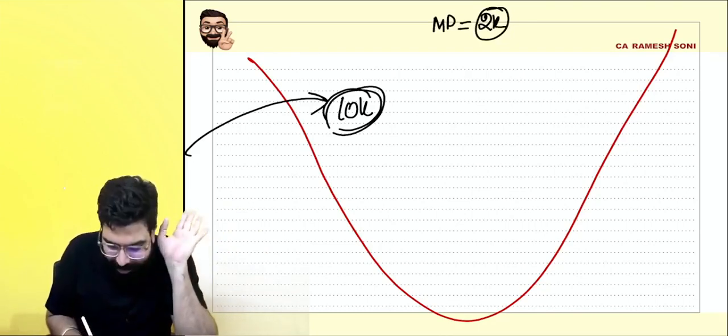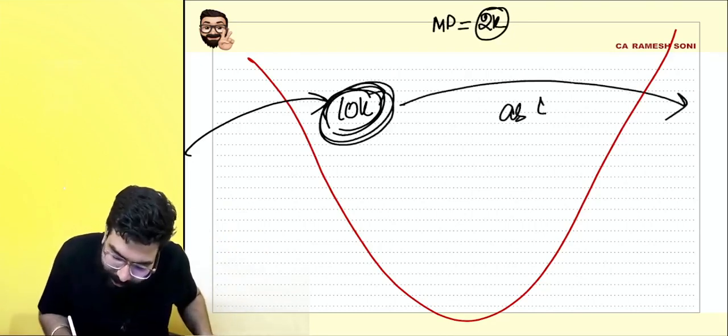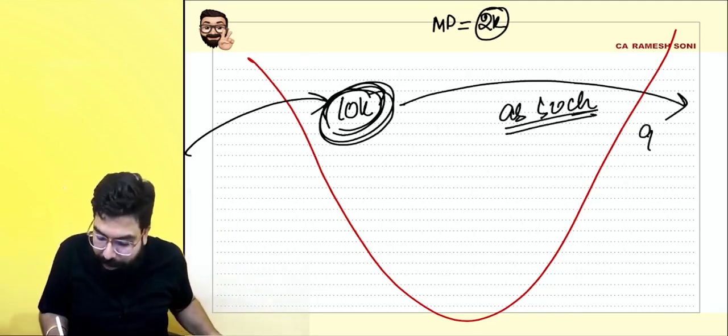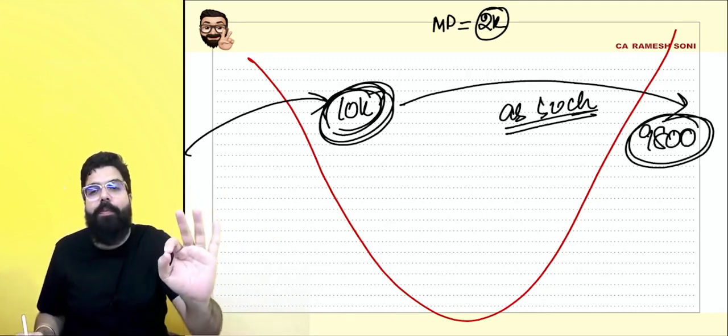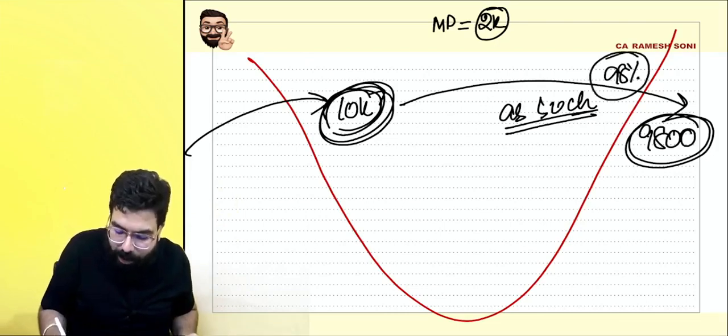I am thinking, I imported the mobile phone, let's export it as such. It was not used, it is kept as such. If exported, I will get 9,800 rupees of duty drawback. No, baba, no. Always remember, they will not give you 98% DBK over here.